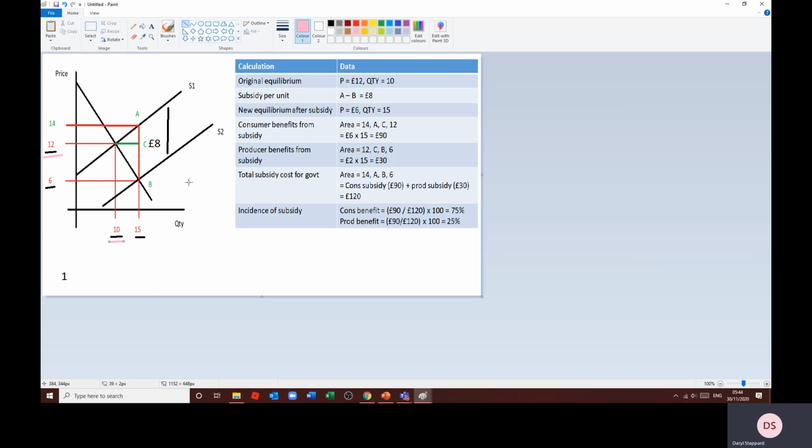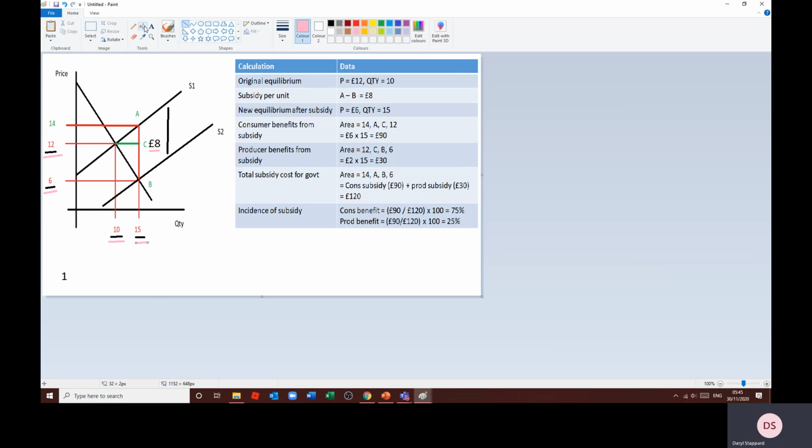Now what we've done here, we've introduced a subsidy per unit of £8. So every unit of output that is now produced in this marketplace, the government will pay the business £8. Well, that has the impact of bringing down the market price to £6, and the new equilibrium will therefore be at 15. So look what's happened. The subsidy has brought down the market price, and the market has grown because of the subsidy.